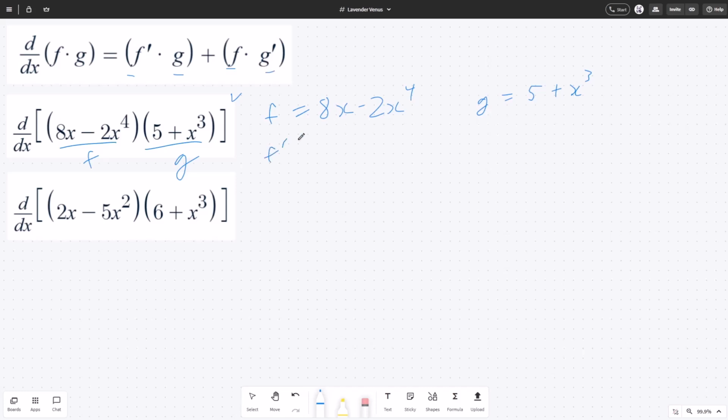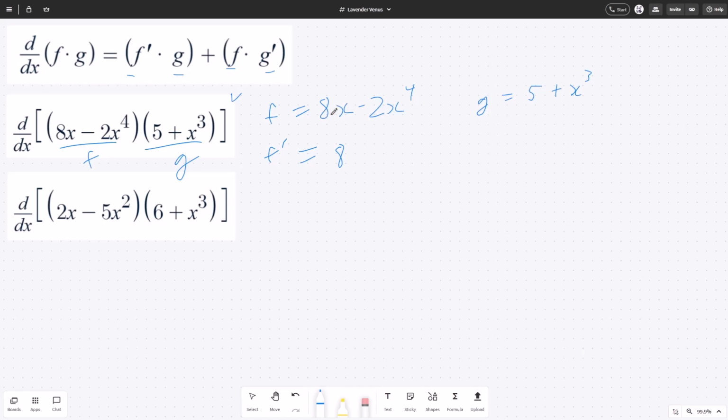f prime is the derivative of the first function. The derivative of 8x: we have a power of 1, so we multiply 8 by 1 and subtract 1 from the power, so it becomes x to the power of 0, which is 1, so we just have 8.